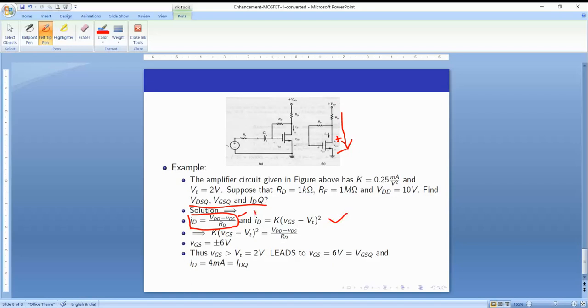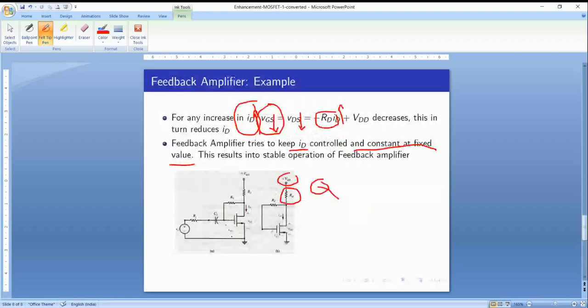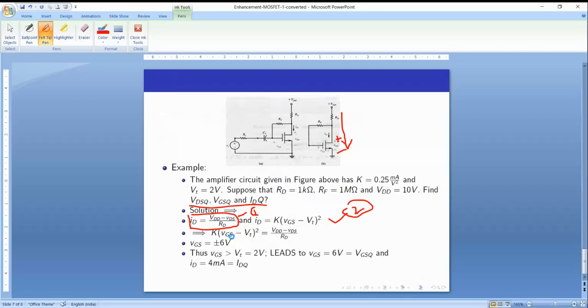Equating equation number 1 with equation number 2, K, VT, and VDD are given in the problem. So from that, VGS is equal to 6 volts.